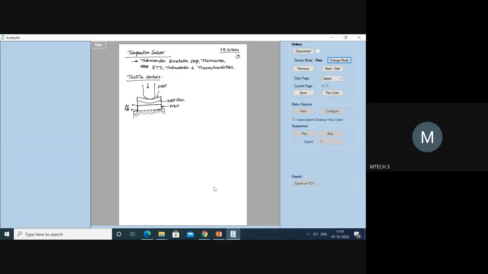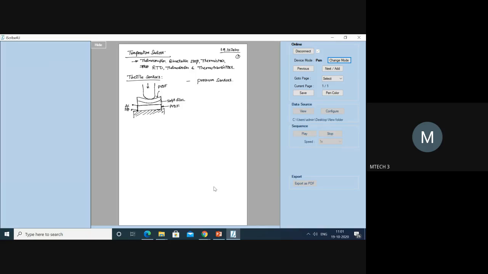Right. No issue. Now observe. Basically, tactile sensors are a case of what are called pressure sensors. First thing.